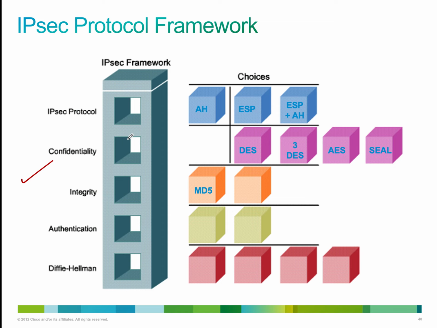Then for integrity, we use the hash function to provide integrity. We use the MD5 and SHA, secure hash algorithm. That's SHA. Then authentication, we use the PSK and RSA. The DH to generate the key. We use the DH1, DH2, DH5, and DH7.